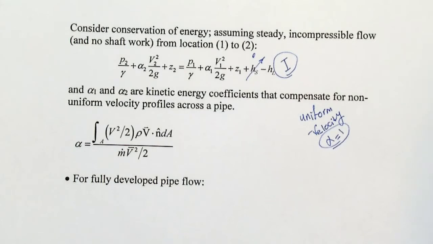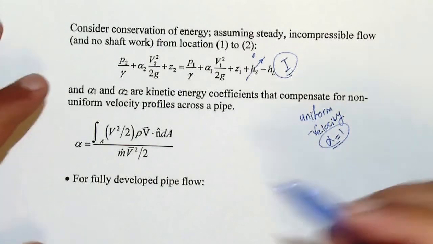If you have a uniform flow at the input, but after that, at the output, you have a parabolic velocity profile, then alpha is also going to be different, even though the average velocity could be the same, because the velocity profile is different. So you need to compensate for that by alpha, the kinetic energy coefficient.